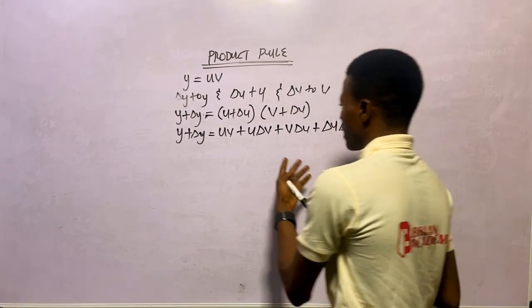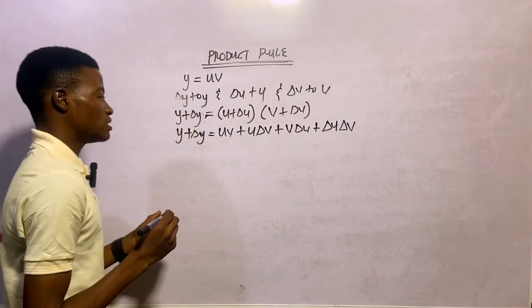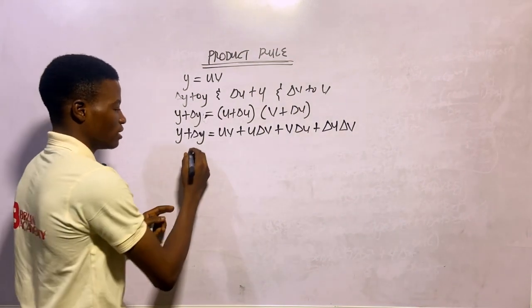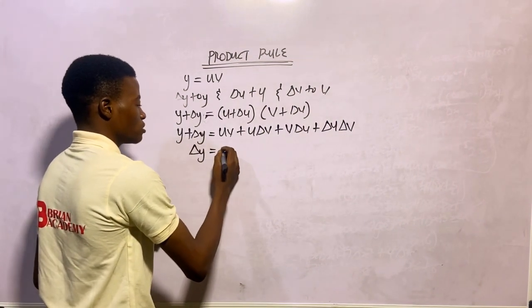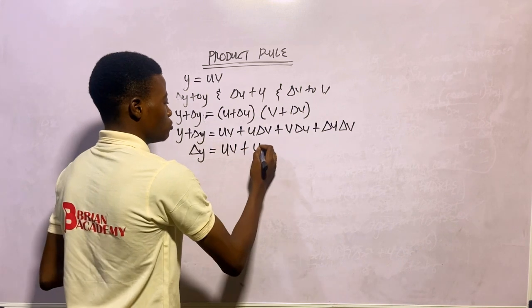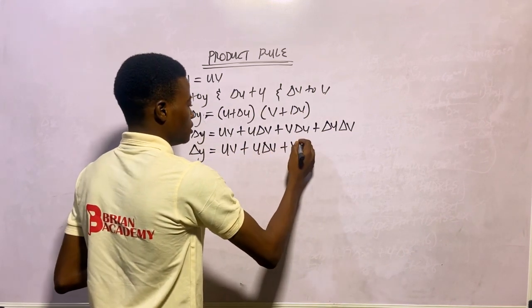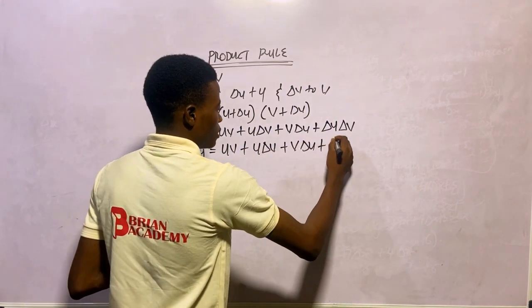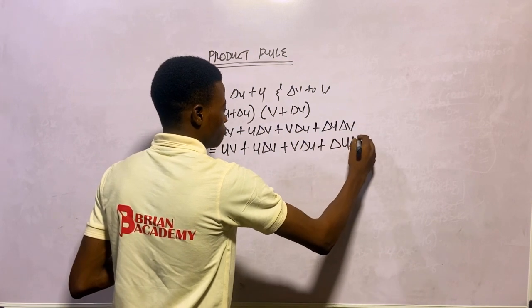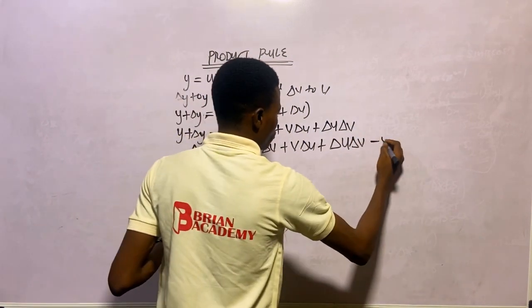Next, we make the change in y the subject: change in y equals uv plus u delta v plus v delta u plus delta u delta v, minus y.